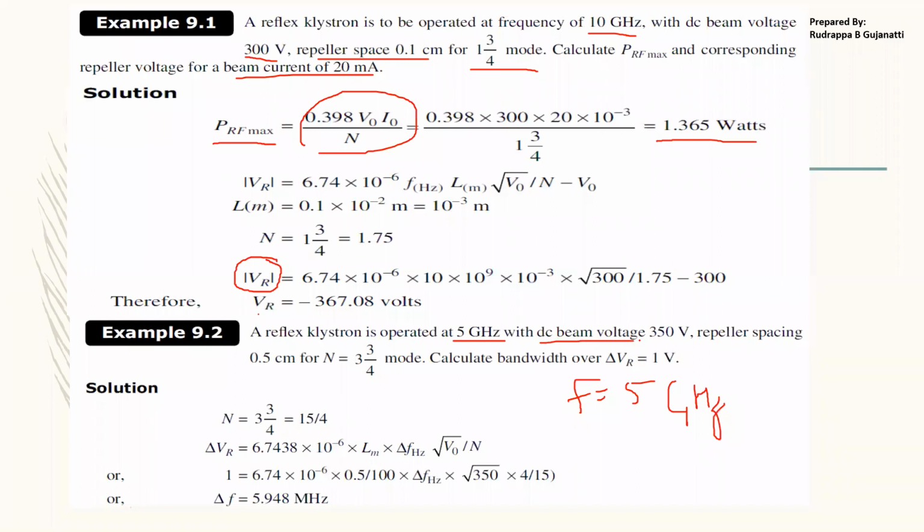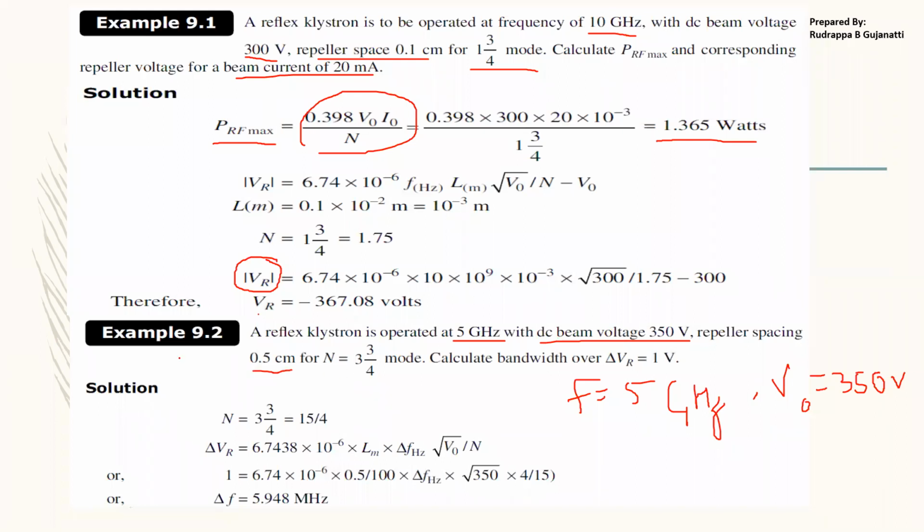The DC beam voltage, which is identified as V naught, is given as 350 volts.